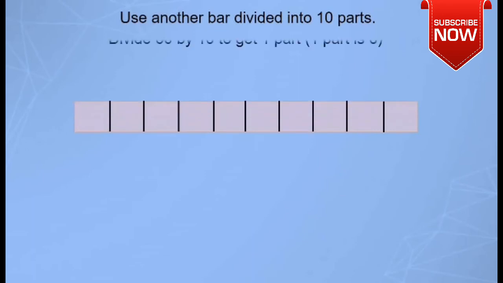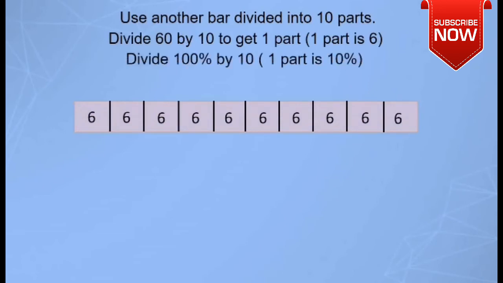Divide 60 by 10 parts to get 1 part. 60 divided by 10 is equal to 6. 1 part is 6. Divide 100% by 10. 100% divided by 10 equals 10%. 1 part or 6 is equal to 10%.